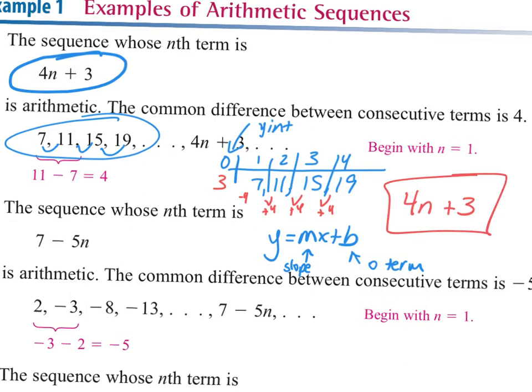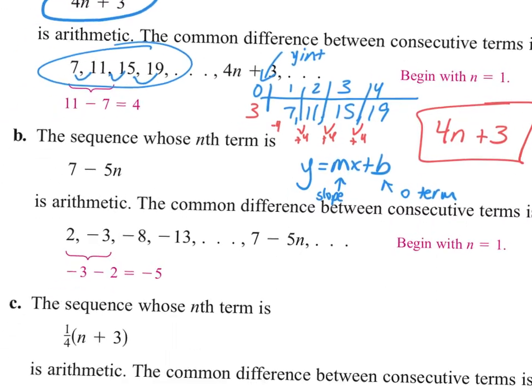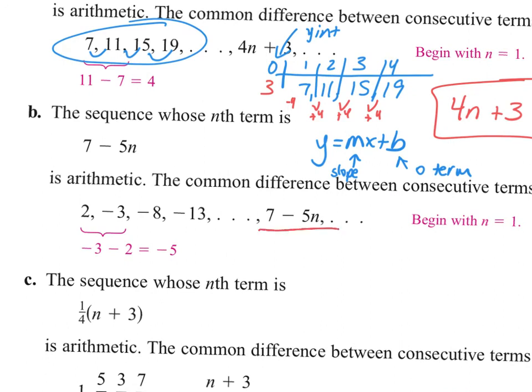I'm going to give you a formula to do it, but that's just so you guys can put that concept together. An arithmetic sequence is always going to be a line. You're adding or subtracting the same thing every time. Now in WebAssign, if you notice, here they have 7 minus 5n. For some reason, WebAssign either puts n first or puts n second.